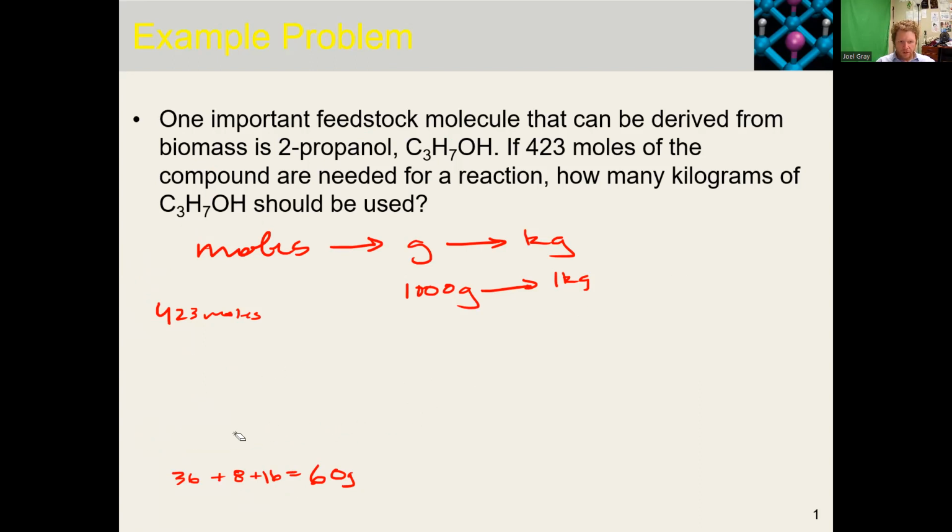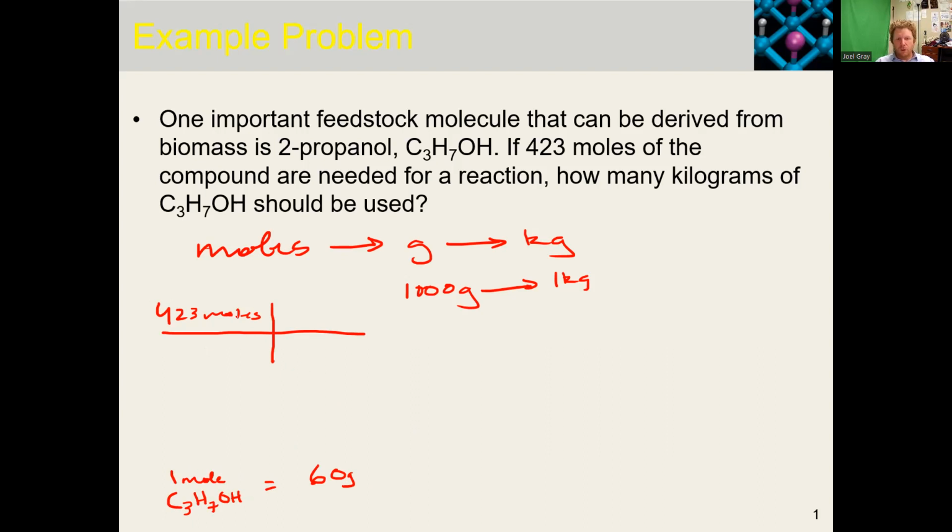I'm going to write the definition that we now have: 1 mole of C3H7OH is 60 grams.